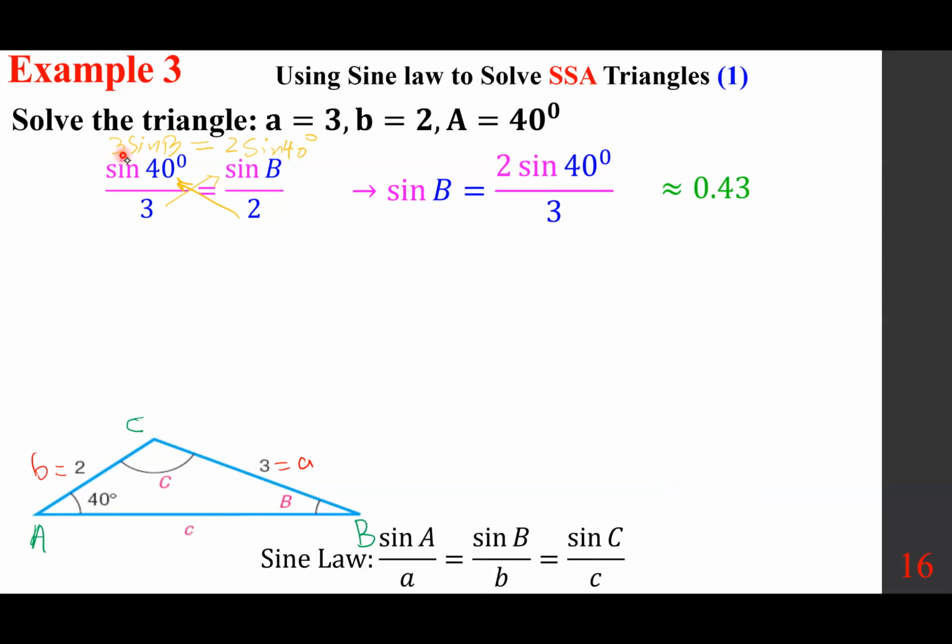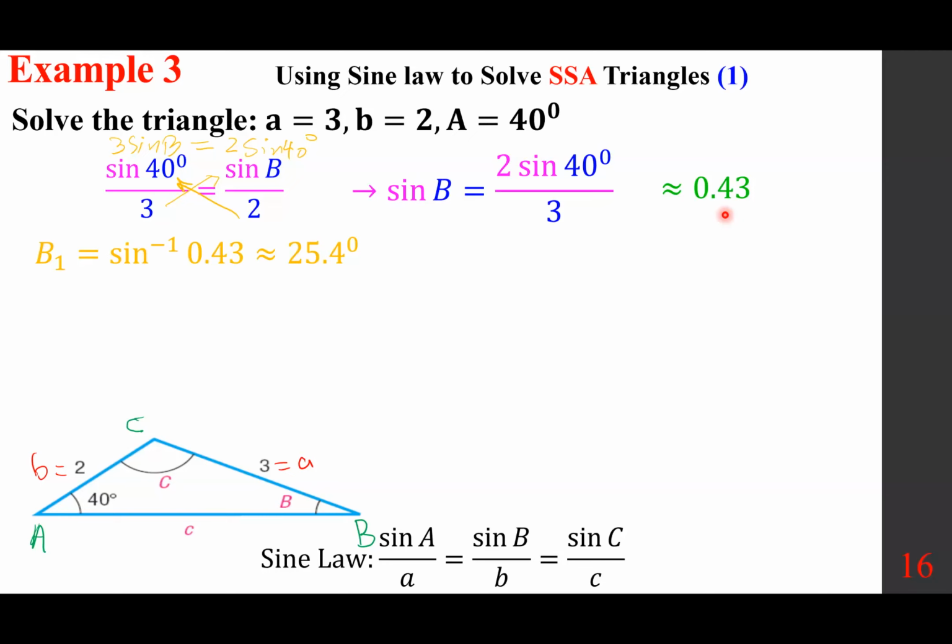So we have sine of B. So what is B? Sine inverse of 0.43, using a calculator, will give you 25.4 degrees. Now here's what makes this ambiguous, because there's more to that when you find the sine. Remember, sine is positive in the first and second quadrant.